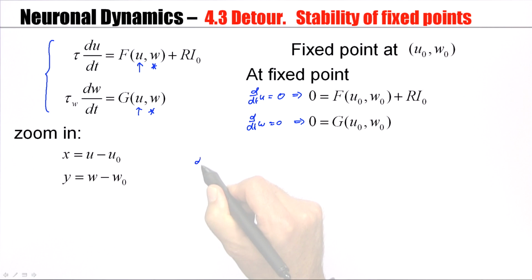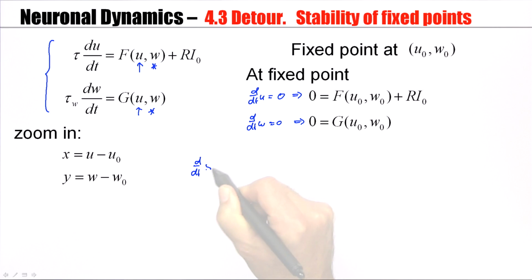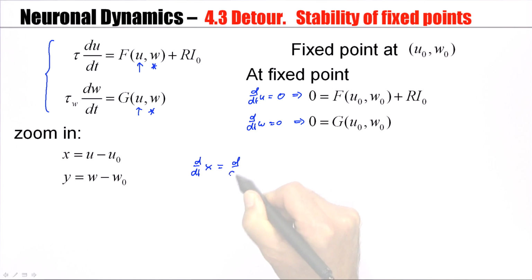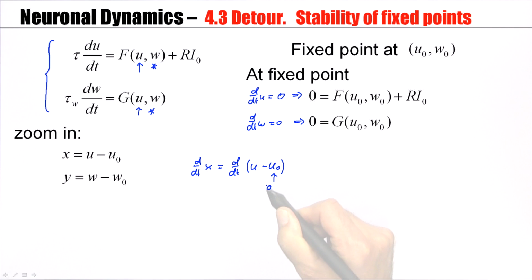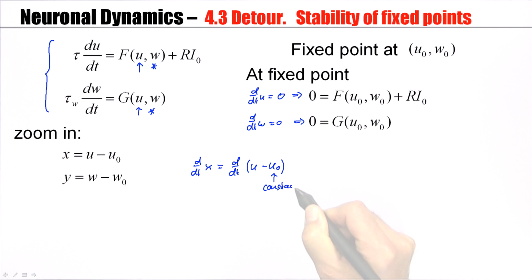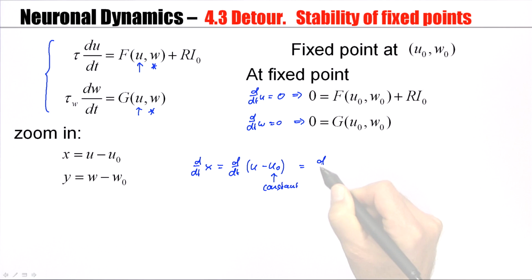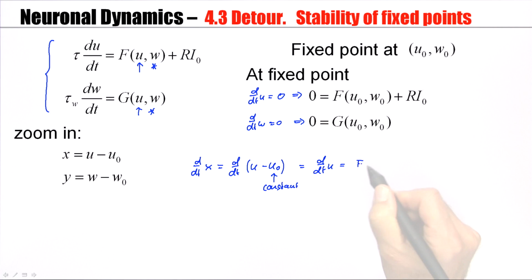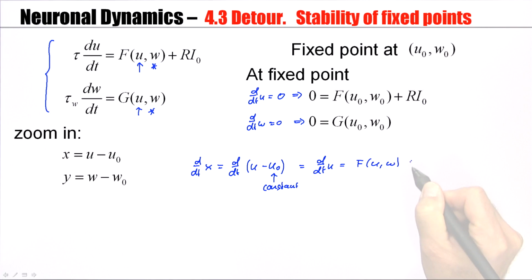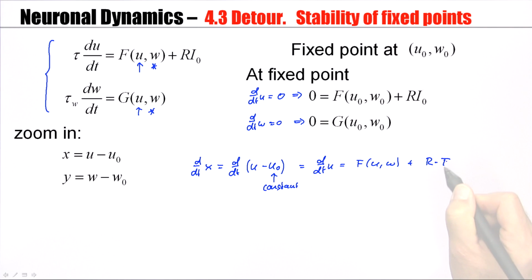I can write down d dt x is d dt of u minus u0, but u0 is a constant. So it's the same as d dt u. But d dt u is f of u and w plus r times I0.